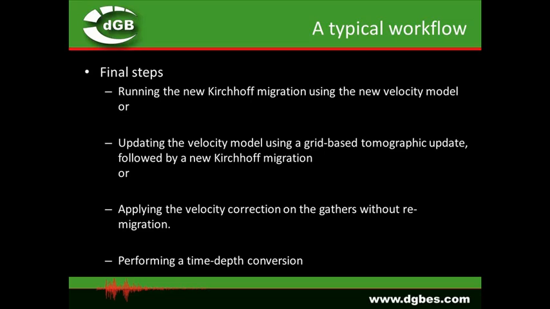I also want to mention that you can apply the newly created velocity model as a correction on the gathers without any remigration, only to apply the picked moveout on each and every CDP location. Finally, you can use the new velocity model to update your time-depth conversion, so to update your depth interpretation.